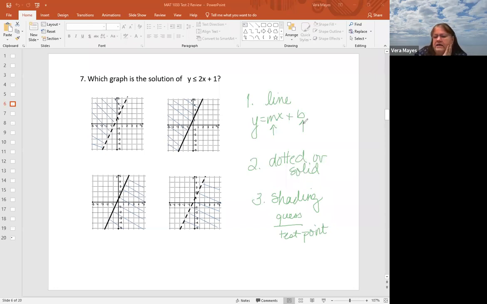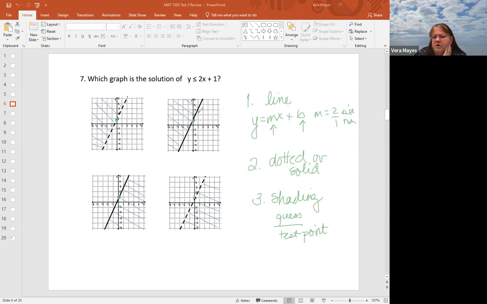All right, so we need to see what our line looks like. I see an intercept of 1. So I'm going to go through each one of these and put an intercept of 1. Okay, so far nobody failed. I have a slope of 2, which if I change that into a fraction, because it's rise over run, I'm going to take this original point that I drew and I go over 1, up 2.